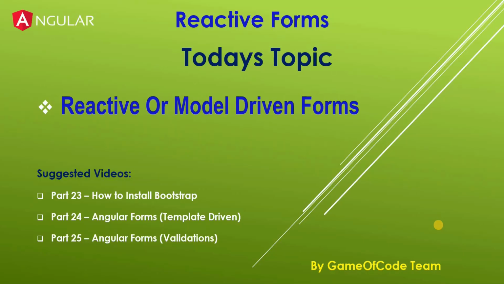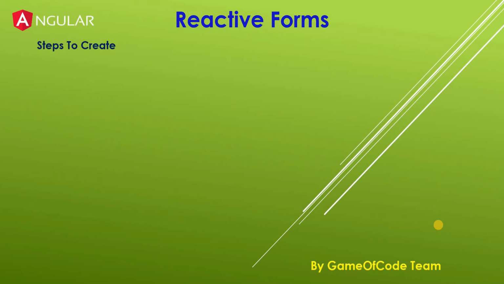Friends, there are some steps to create reactive forms. First is to import the reactive forms module in the app module, which means we have to import the reactive forms module in our root module. In reactive forms we have two to three approaches, and we will discuss them one by one.